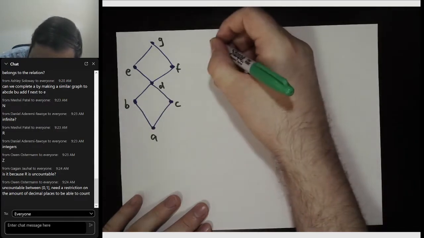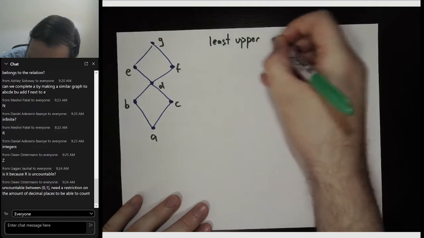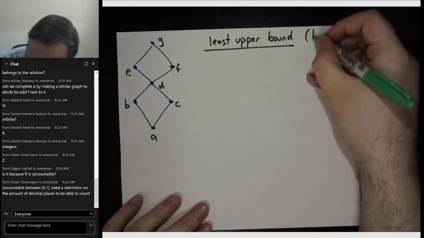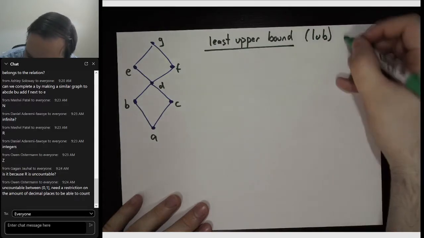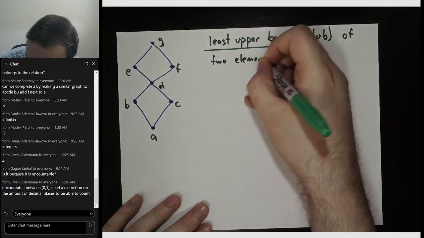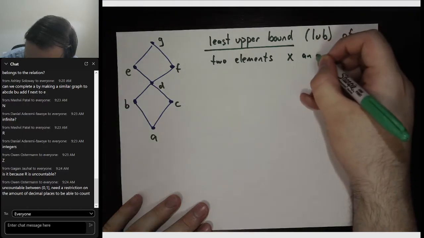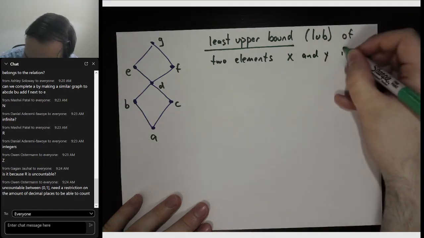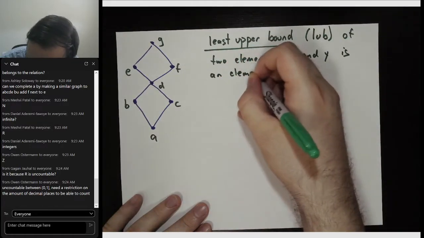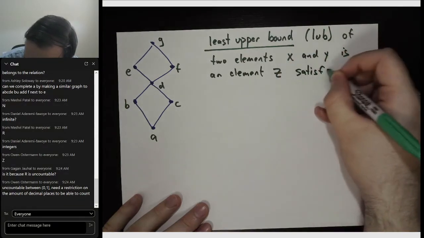The least upper bound, sometimes LUB, of two elements X and Y is an element Z satisfying two things.